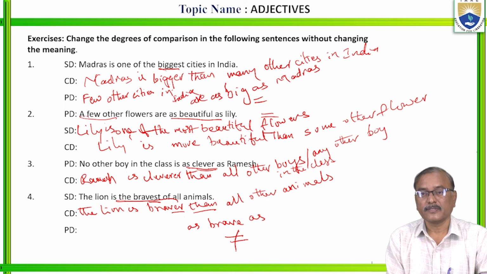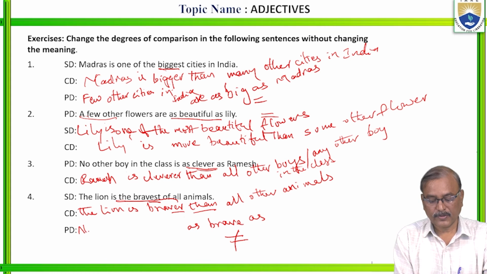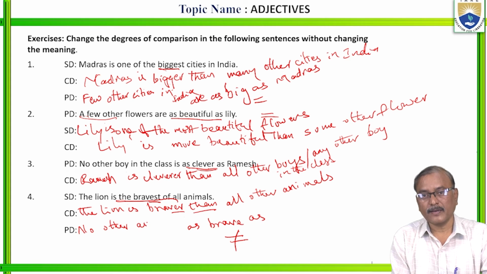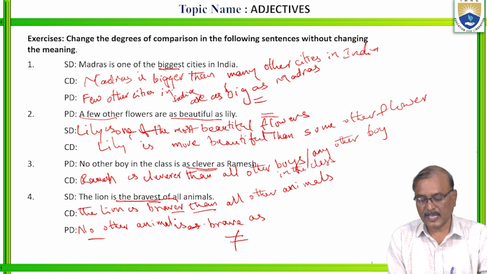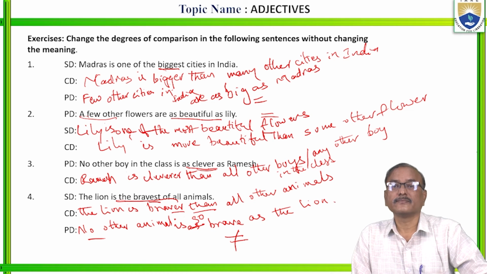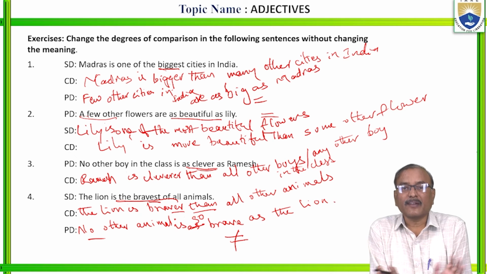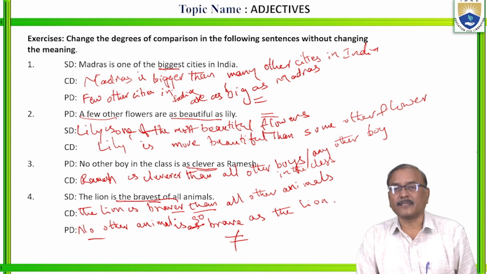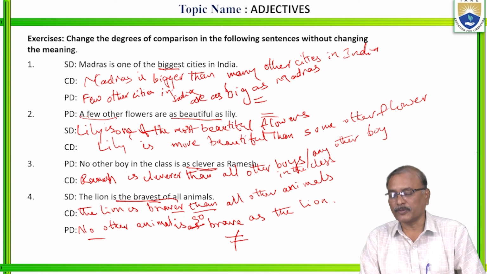No. So here, no other animal is... When it is negative, change this as into so. No other animal is so brave as the lion. Is it clear now? Okay, don't be confused and don't be in a hurry. Simply concentrate on the meaning, then follow the rules. That's it.